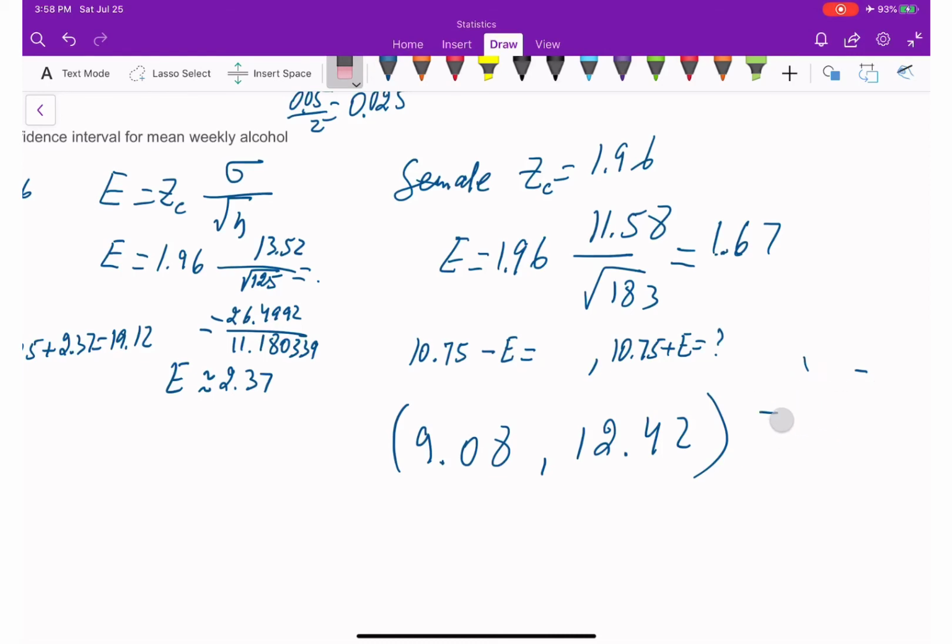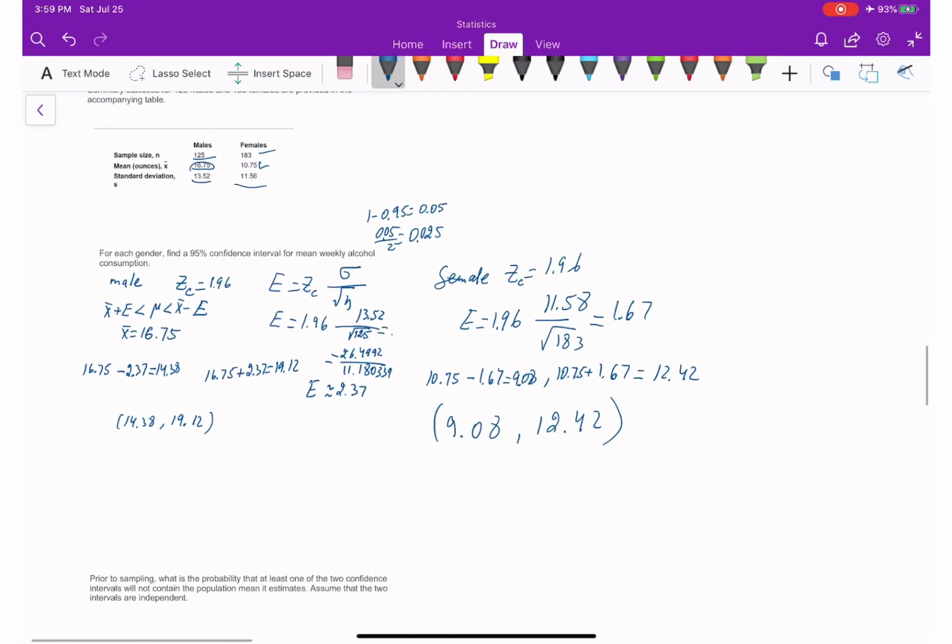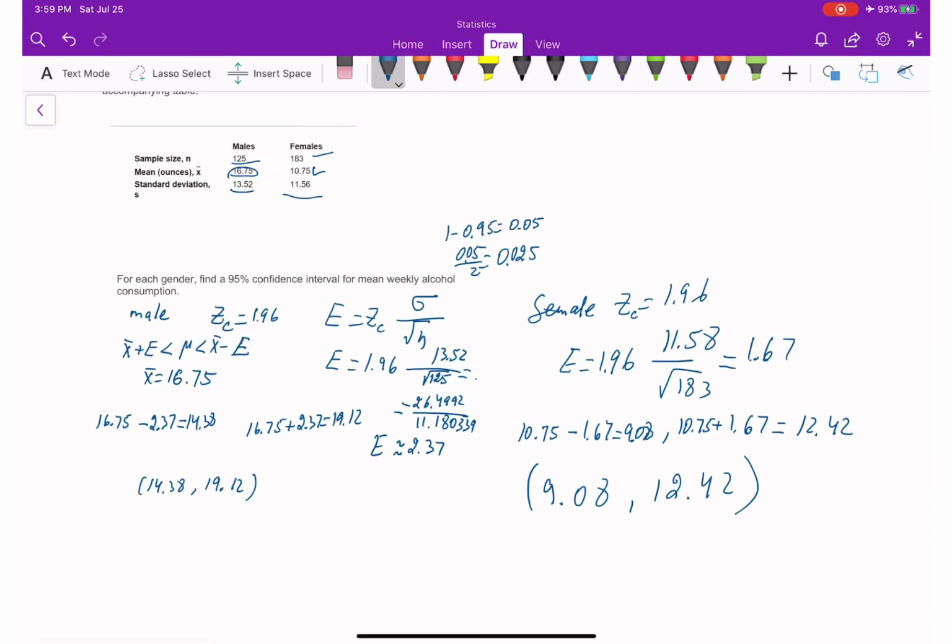Okay? 1.67, and accordingly you should write down minus 1.67 and then plus 1.67, and this one you should get 12.42, and this one you should get 9.08. Right? Here it is.